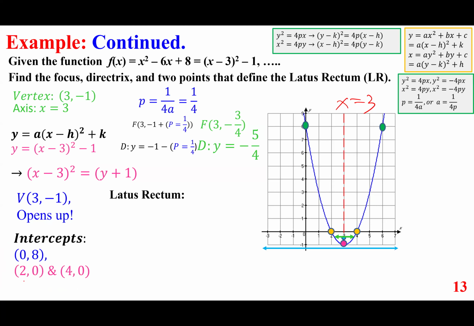Let's go with red. These are the points that we can find and then find the distance between the two as the latus rectum. And we know the latus rectum is just 4 times p. So we know the distance is 4 times p. We are going to use that methodology as well in a moment.